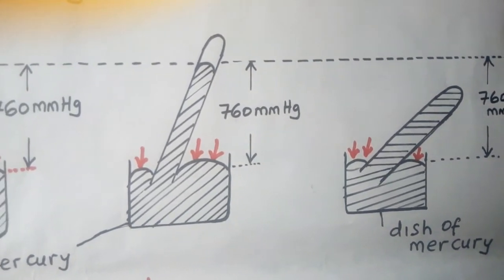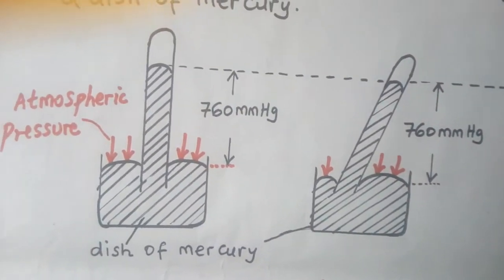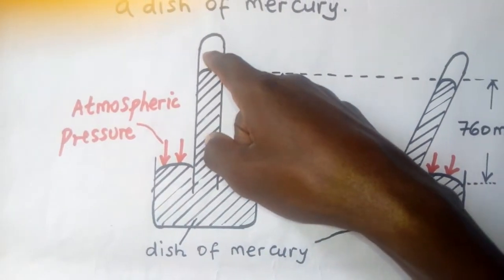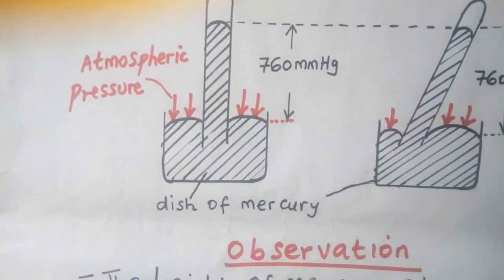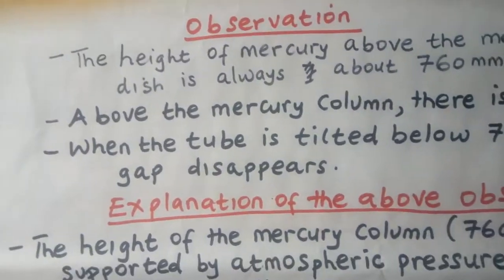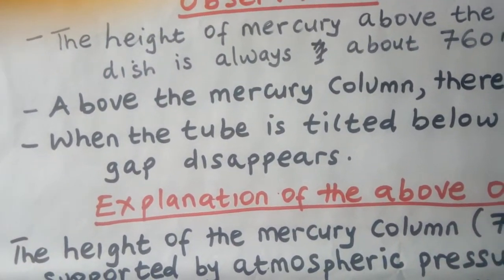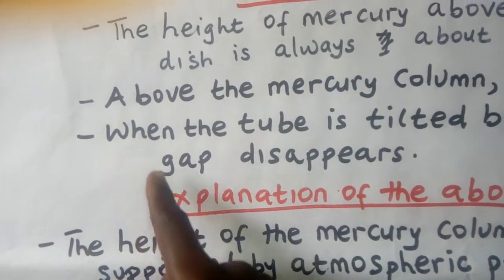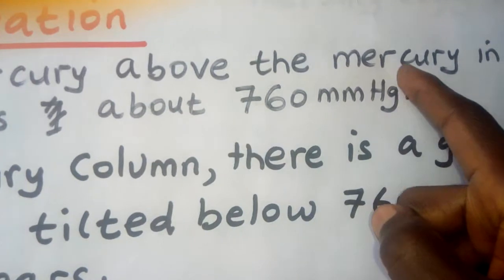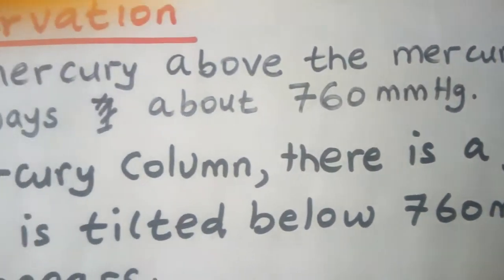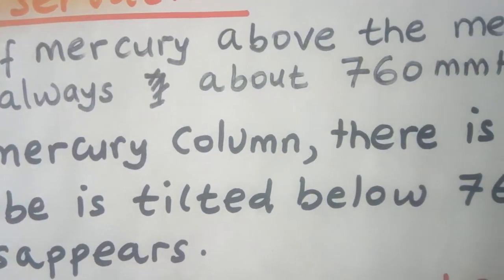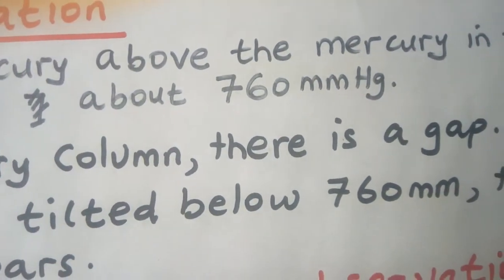And he also gave that gap a name, because he had to do research to find out whether it is air inside here preventing this mercury from continuing or what. So let us see his observations. The first observation here is that the height of mercury above the mercury in the dish is always about 760 millimeters.